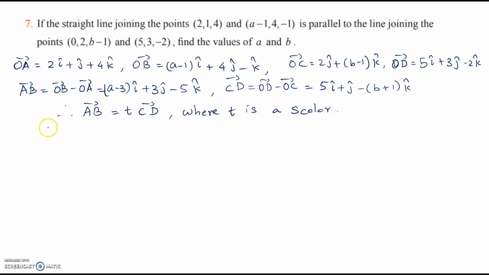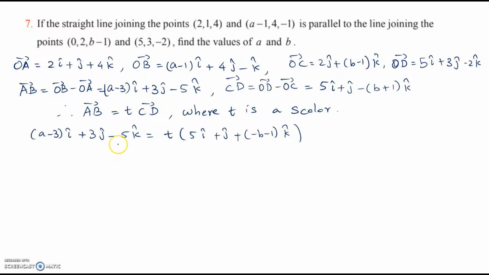So if we rewrite this equation as a minus 3 i cap plus 3 j cap minus 5 k cap, which is my AB, is equal to t times my vector CD, which is 5 i cap plus j cap minus, or you can write this as plus minus b minus 1 k cap.